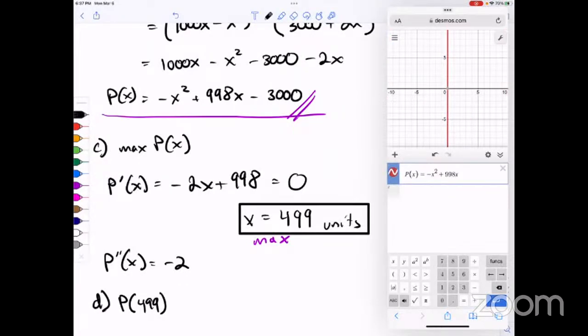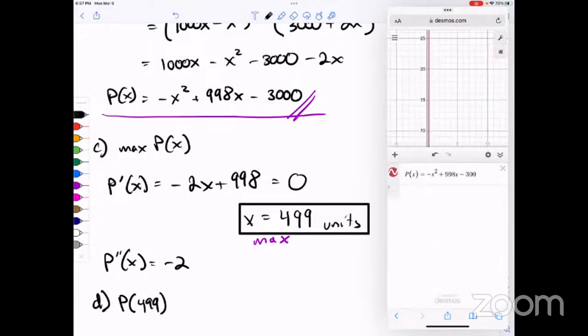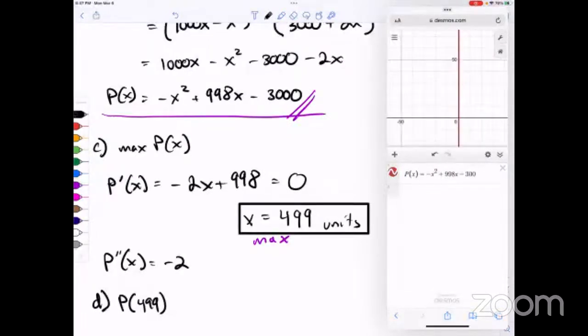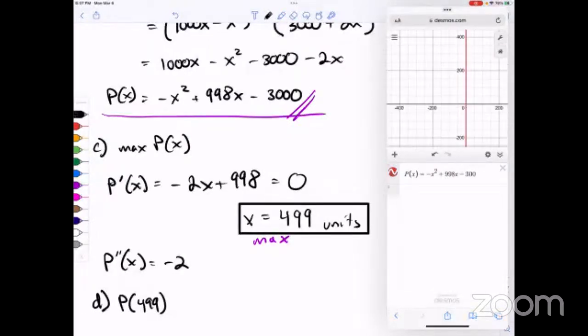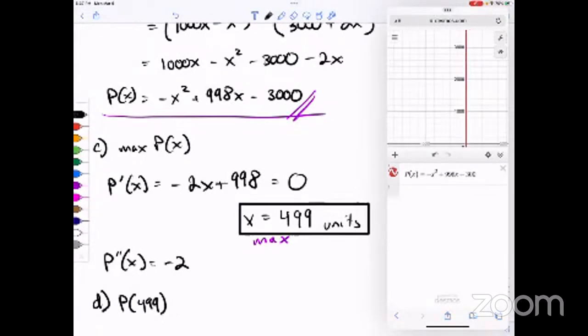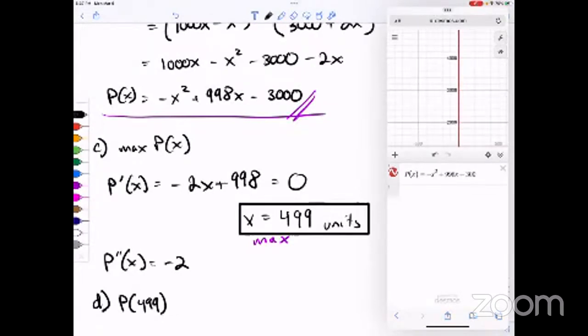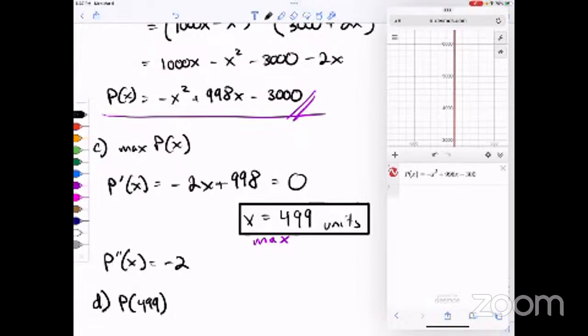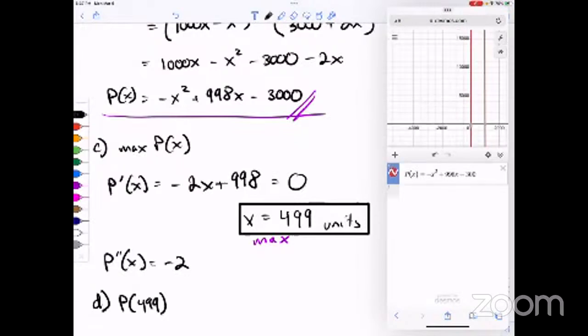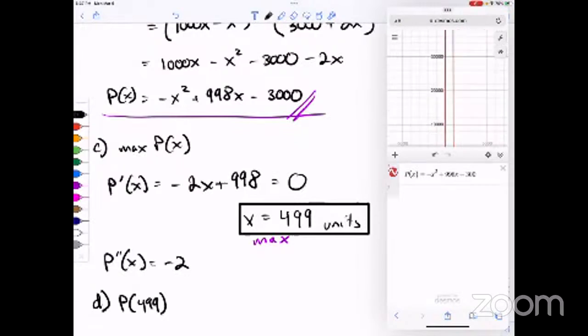Okay, so we can't see that. We'd have to change the window for it to be able to see all the parts of it. Let me think of a proper window. Okay. Well, we can't see it here. You have to keep zooming, and you just got to do an appropriate window to be able to see it.